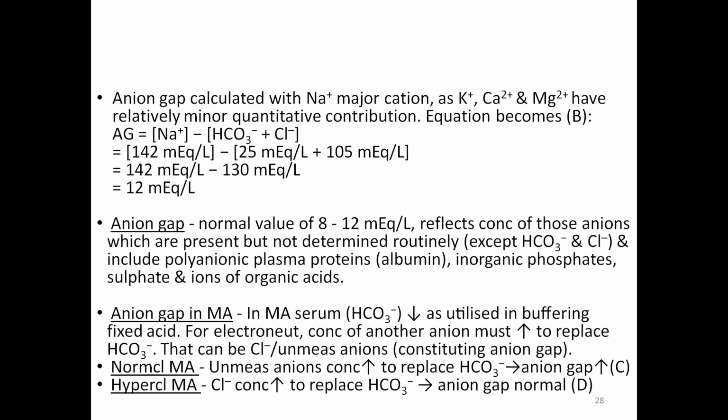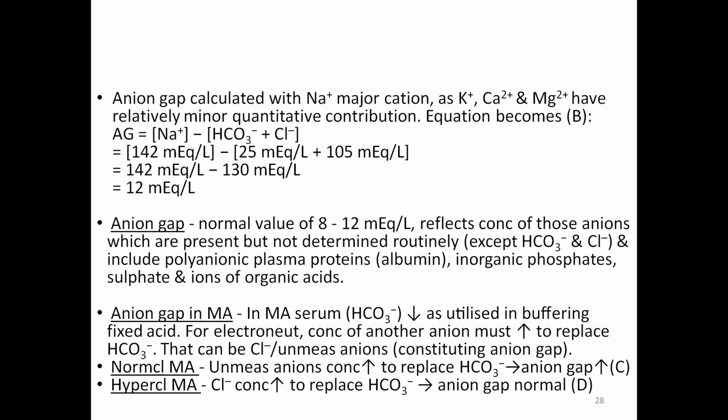When you get an anion gap of more than 12, you will classify it as high anion gap metabolic acidosis, also called HAGMA. When it is less than 12, you will categorize it as normal anion gap metabolic acidosis, also called NAGMA.